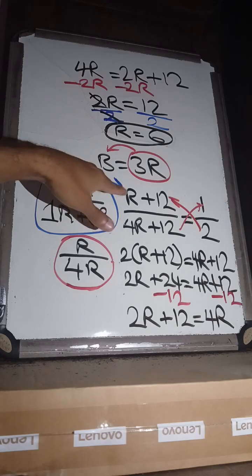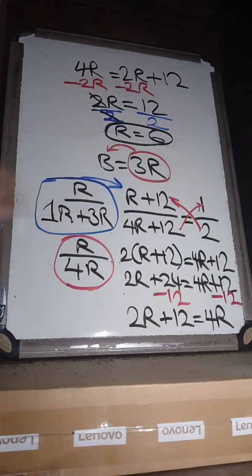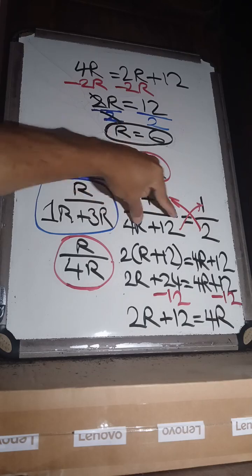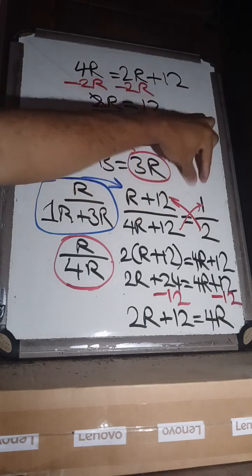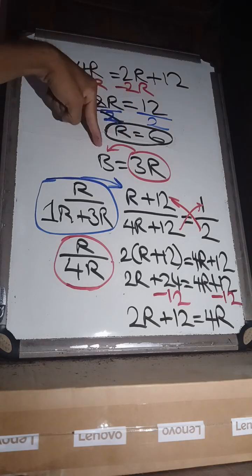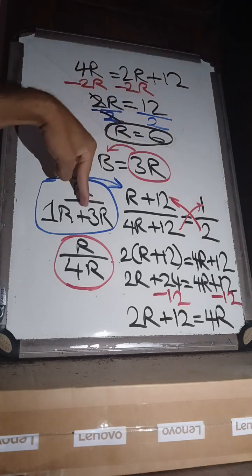And if you put that in here, we would have gotten the 1 over 2. Alright, 6 plus 12, we get the 18. 24 plus 12, 36. 18 over 36 is equal to that. So, this is what my intention was. Right? And it's kind of funny that I never make the connection between the B and the 3R.